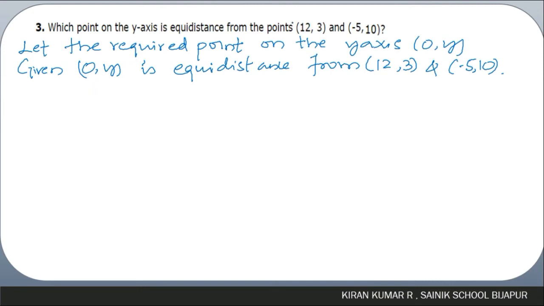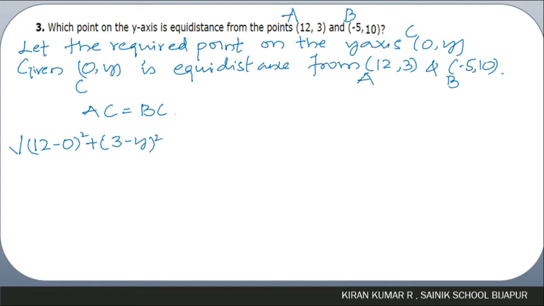If I mention this point as A, this point as B, and this point as C, then AC will be equal to the length BC. What is the length of AC? It is root of x2 minus x1, 12 minus 0 whole square, plus y2 minus y1, 3 minus y whole square.